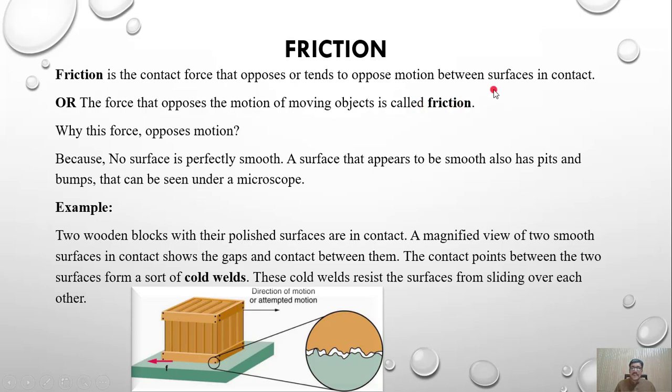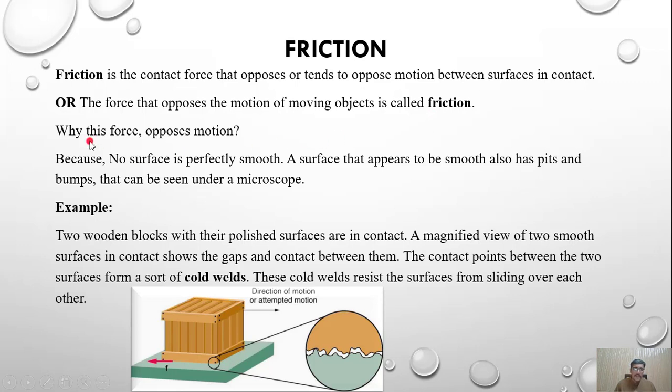If you slide one object over another, you will face some resistance. That force is known as friction force.